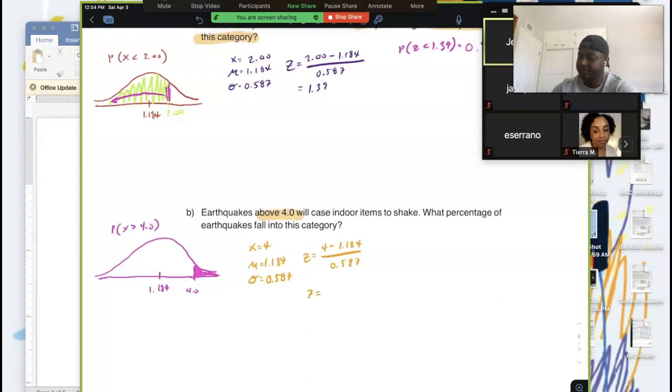That'll give me Z equals 4.79. Actually, it's 4.80. You round it.